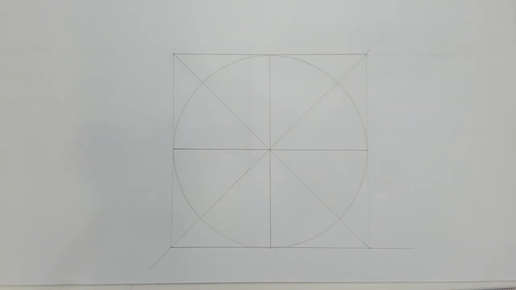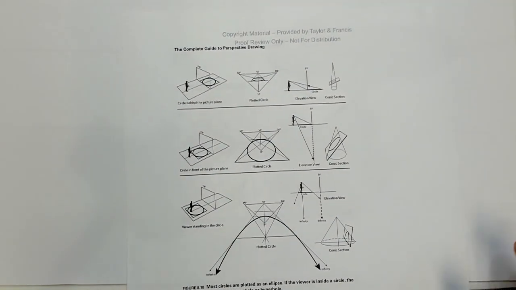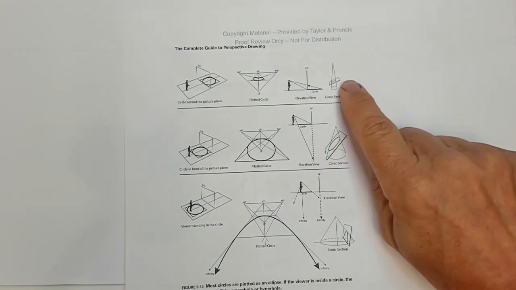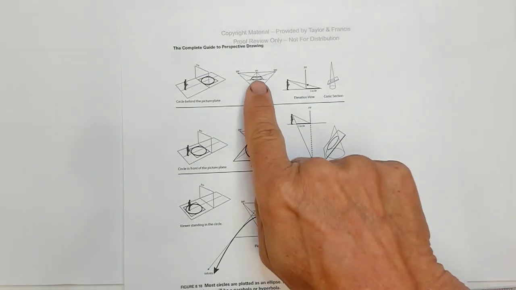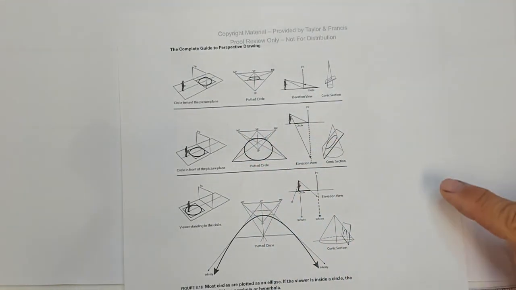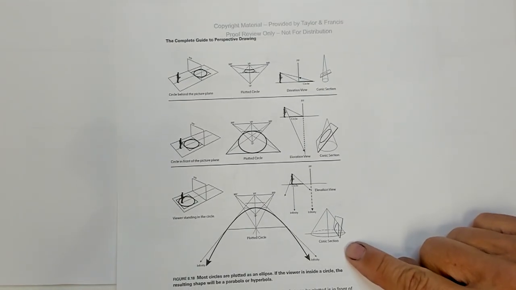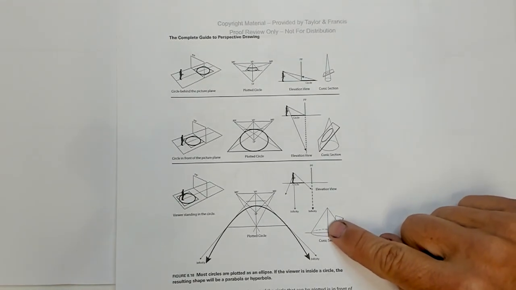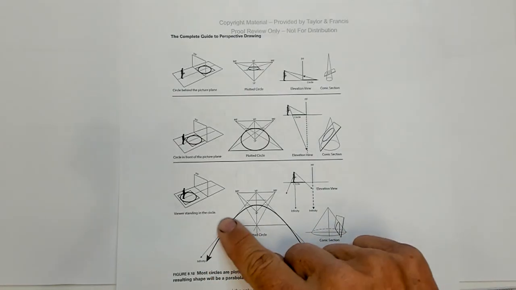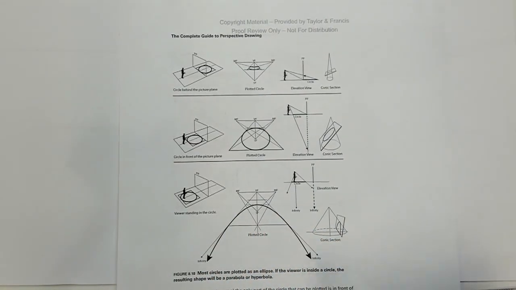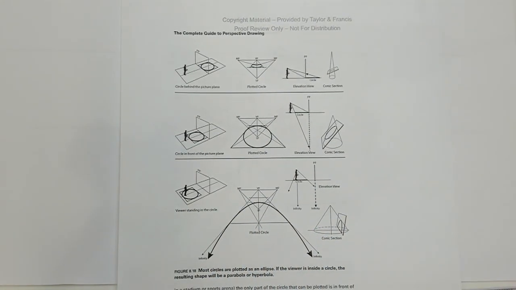Page 98 is dedicated to this. We're showing the cross sections of this cone and the shape that you see in perspective. And here is a parabola. And this is a shape that would be drawn in perspective.